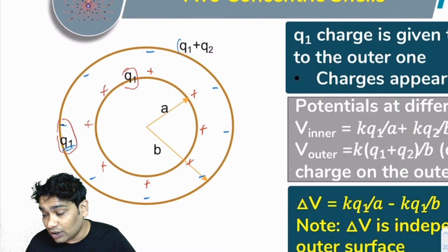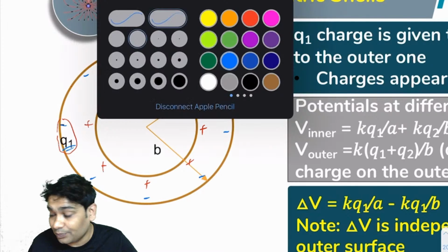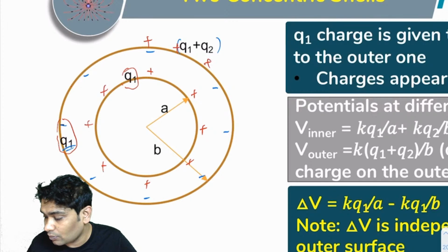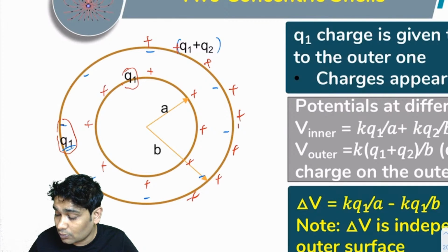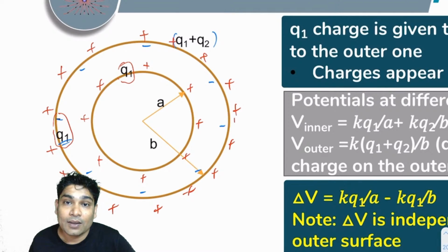As a result, the outer surface charge would come out to be plus q1 plus q2. And this will also be distributed uniformly.